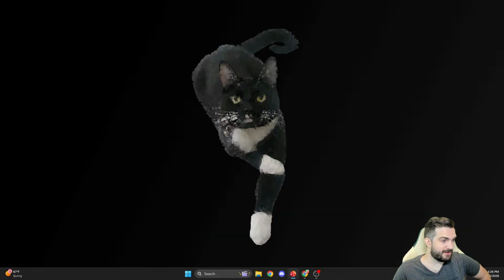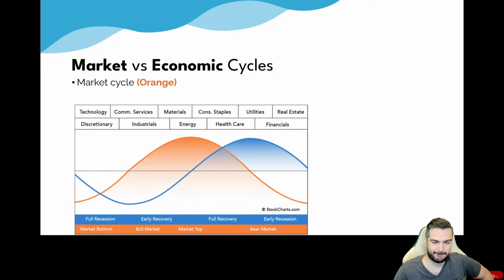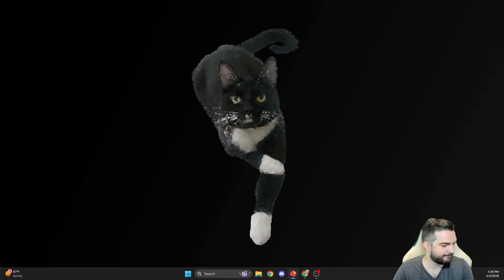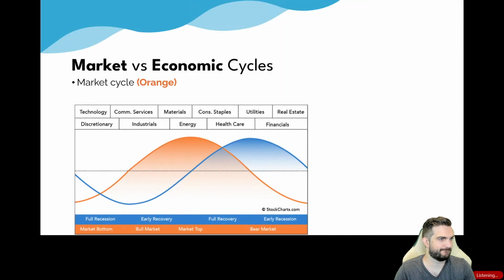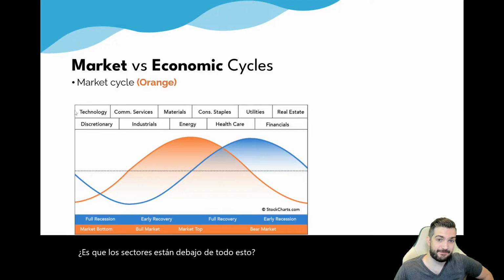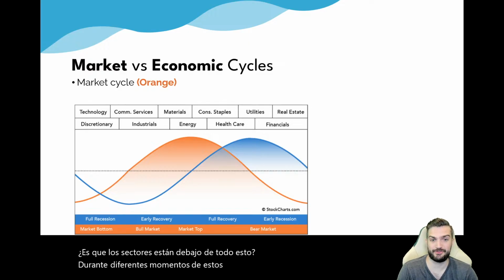And the thing that is not included in that picture is that sectors sit underneath it all. During different parts of these cycles, we can expect certain sectors to be performing better than others.